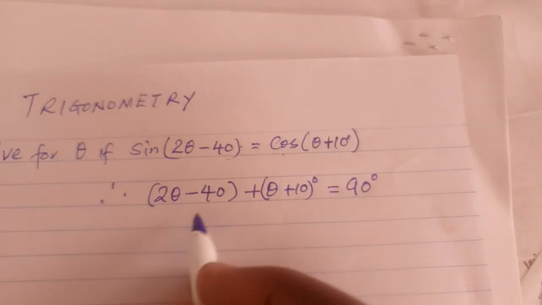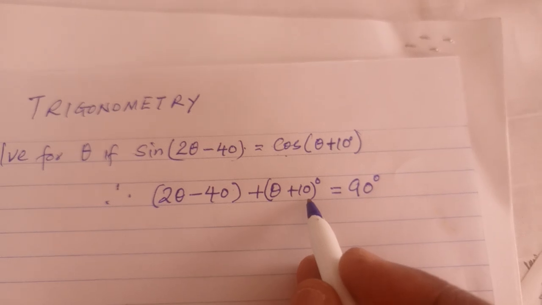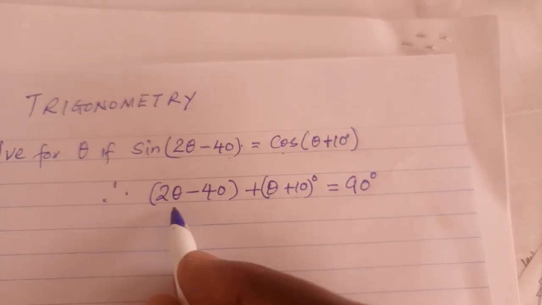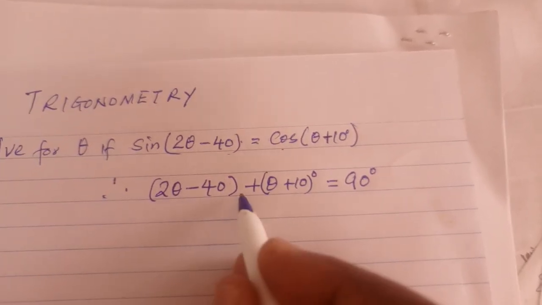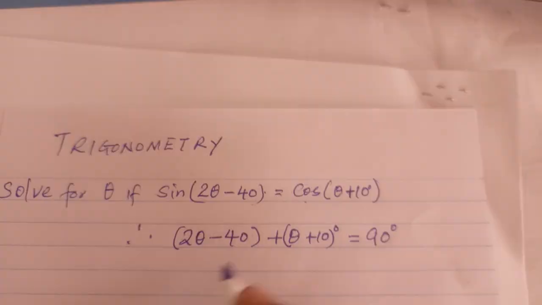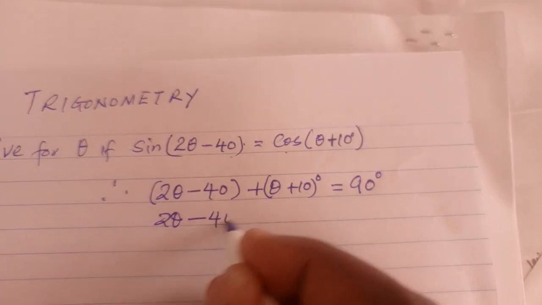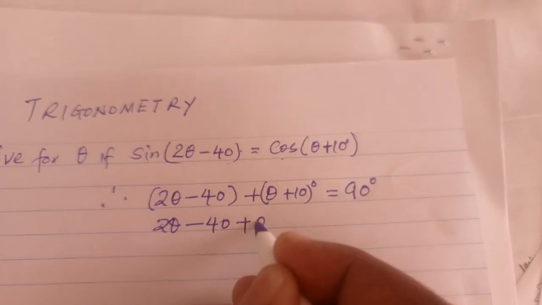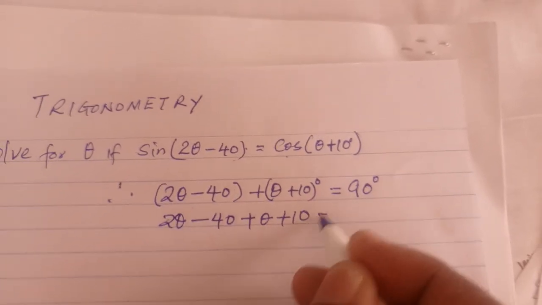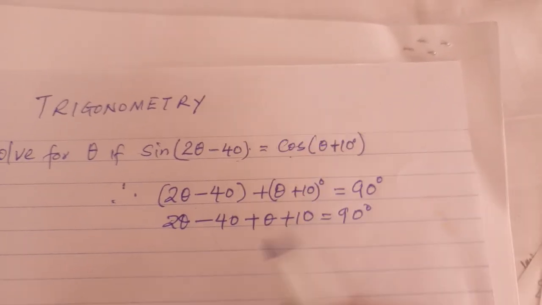So from here, we have formed an equation whose unknown is theta, so we work out to find the value of theta. When you open the bracket, you'll have 2 theta minus 40 plus theta plus 10 is equal to 90 degrees.